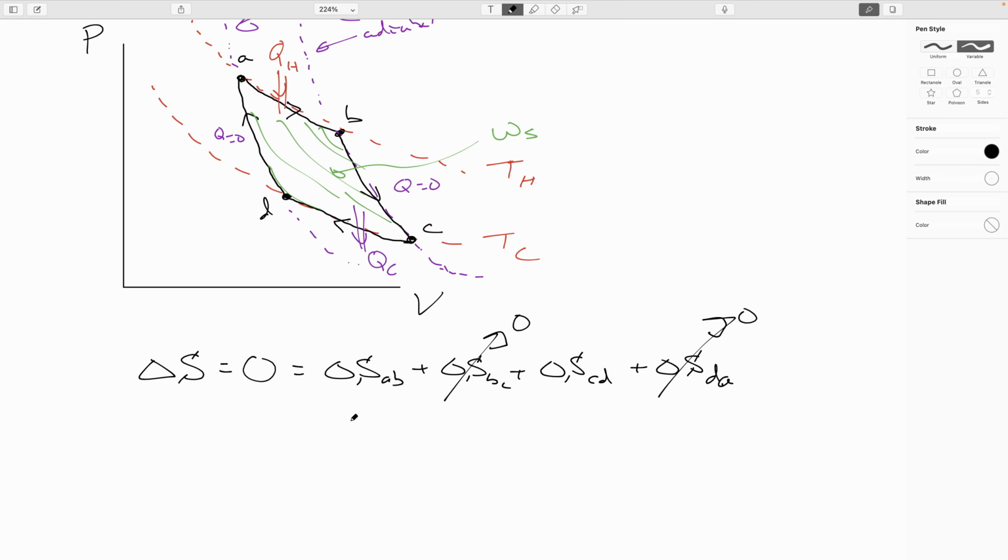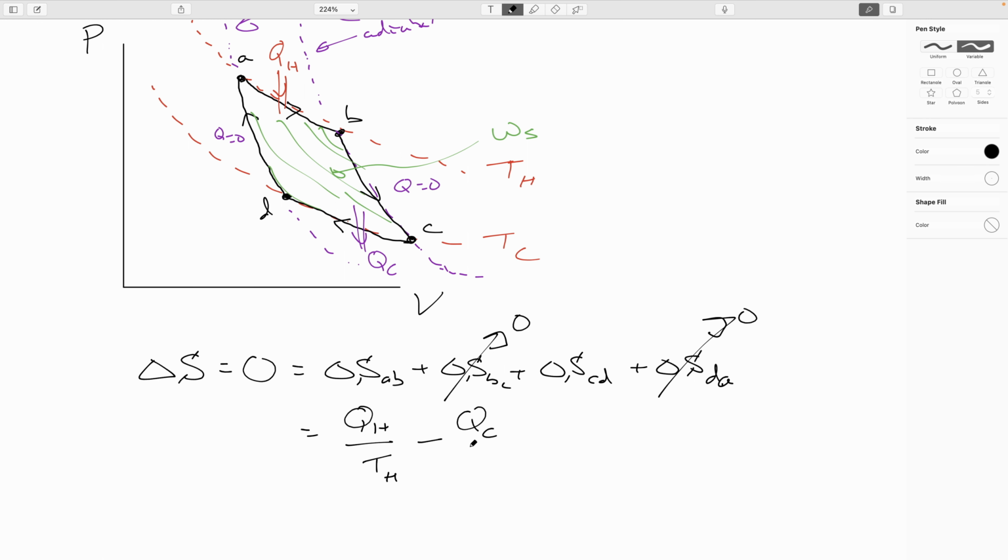Now these are isothermal processes, so we will have a change in entropy of the working substance of Q hot over the temperature, T hot. And then from this one here, because we're rejecting heat out of the working substance, there'll be a negative heat transfer.